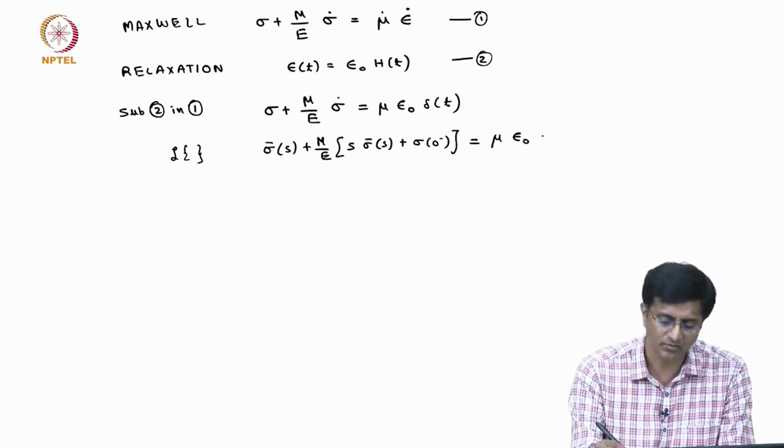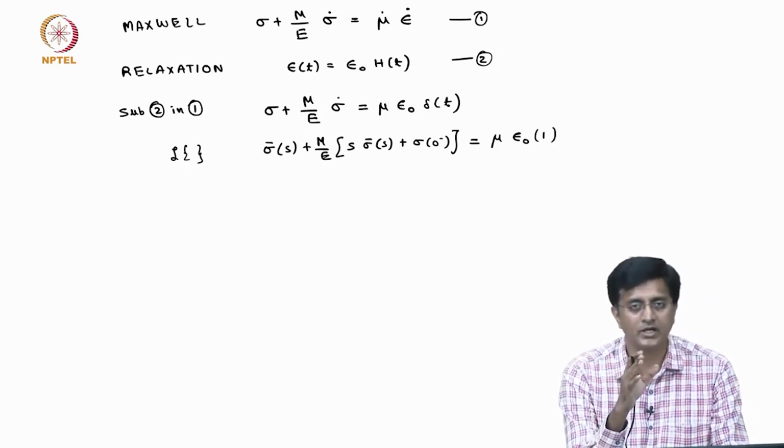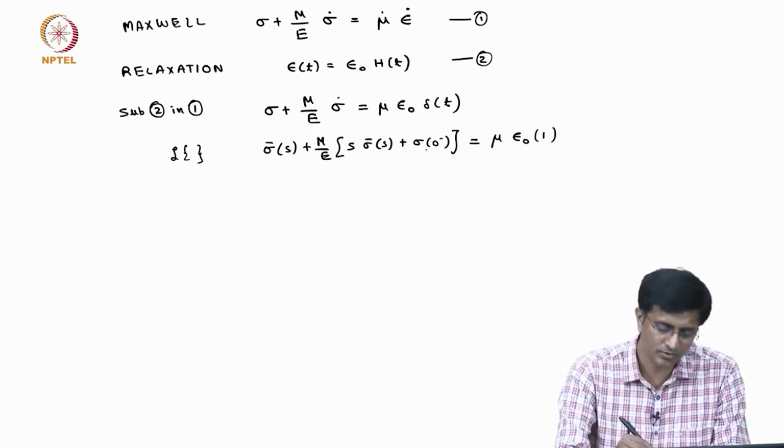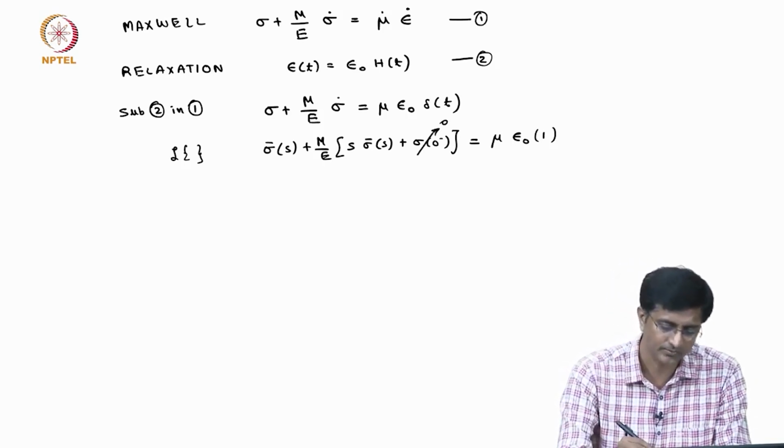We have seen it is simply 1. And again since our loads and the responses start only at time t equal to 0, anything to the left will be 0. So, this term can again be ignored.